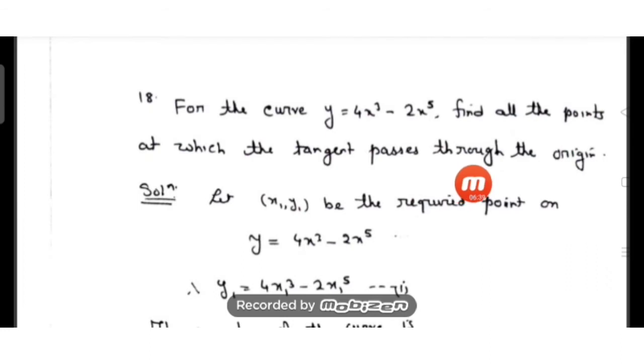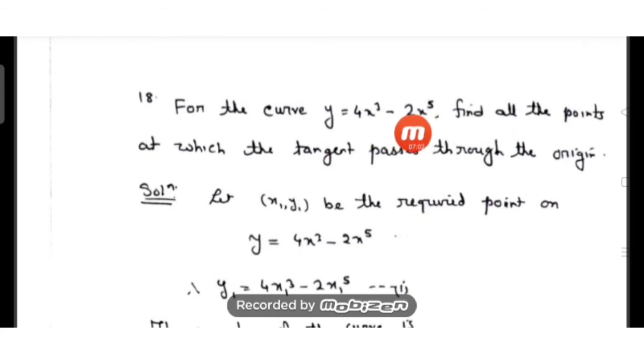Right? So if I take a point, say (x1, y1), if we consider a point as (x1, y1), then at the point (x1, y1), if I find the equation of the tangent, that tangent will pass through the origin. It is given in the question. So I have considered the point (x1, y1) as a point on the curve.